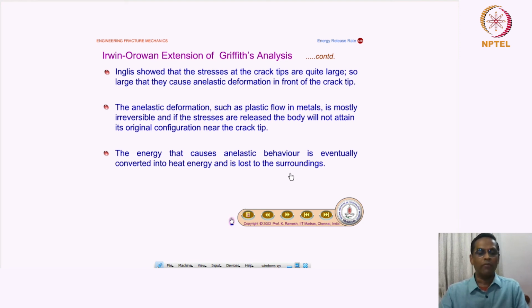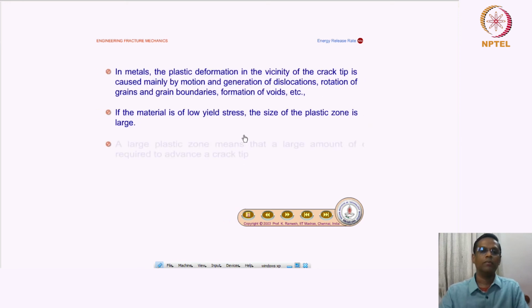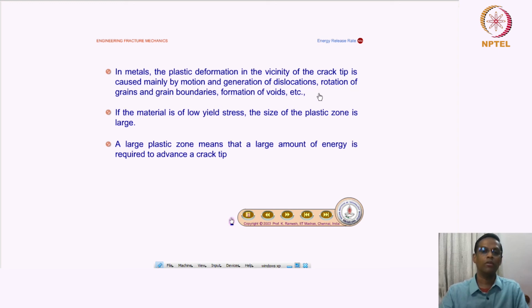So now Irwin has modified this idea, and he said that in metals, plastic deformation in the vicinity of the crack tip is caused mainly by motion and generation of dislocations, rotation of grains and grain boundaries, formation of voids, etc. All these things we have sufficient background to appreciate. And if the material is of low yield stress, the size of the plastic zone is large.